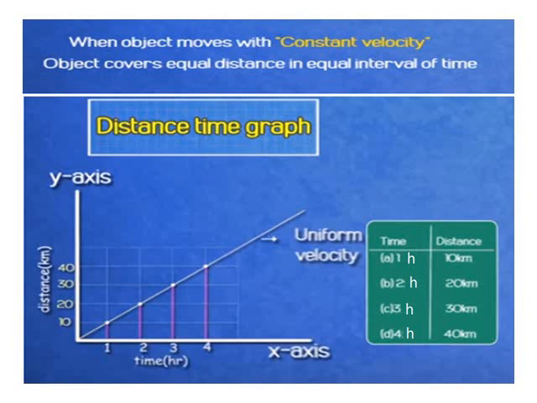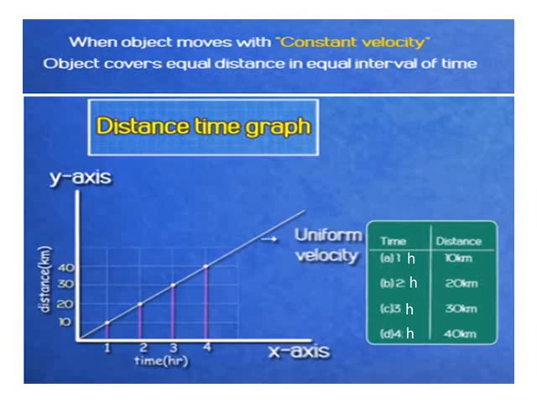Now, let us analyze it in more detail. What do you mean by constant velocity? Already we have seen the definition. If a body moves equal distance in equal intervals of time, then the motion is said to be with constant velocity.